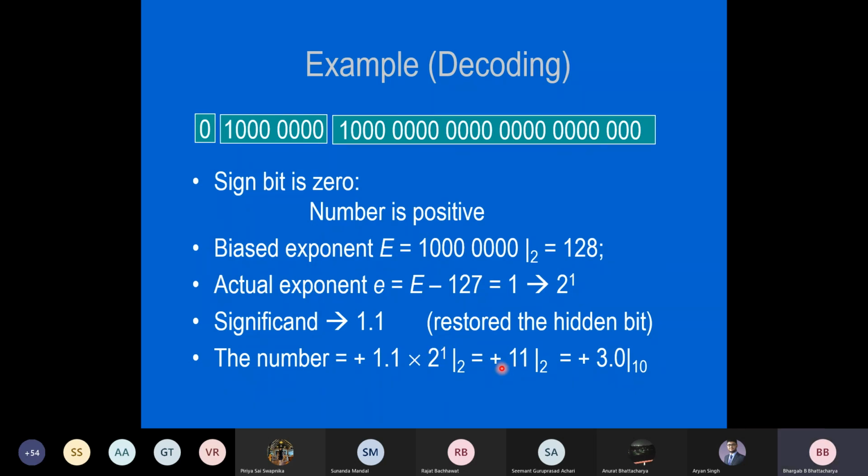That means this is equal to plus 1 in binary, because you have 2 to the power 1, so this binary point can be shifted here to the right. And this is nothing but, in decimal, plus 3. All right? You follow this, very simple. Once you understand the interpretation of the bits, it's trivial.